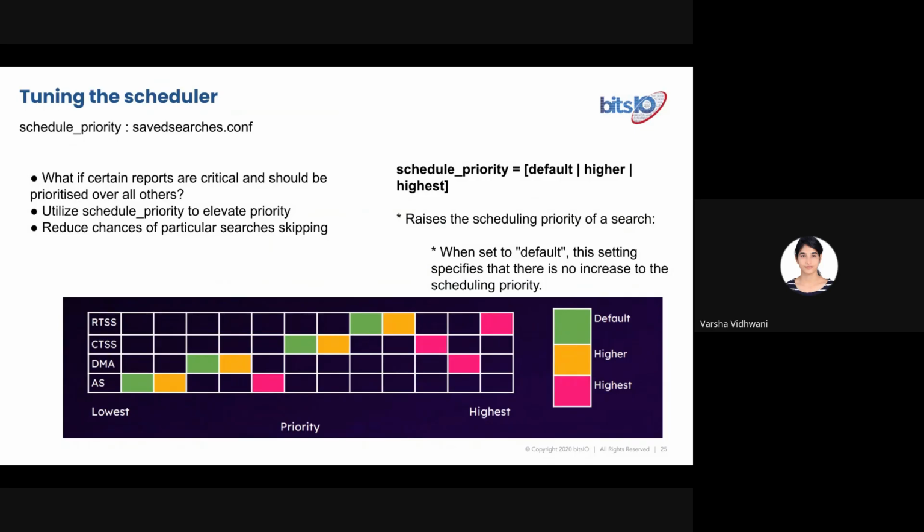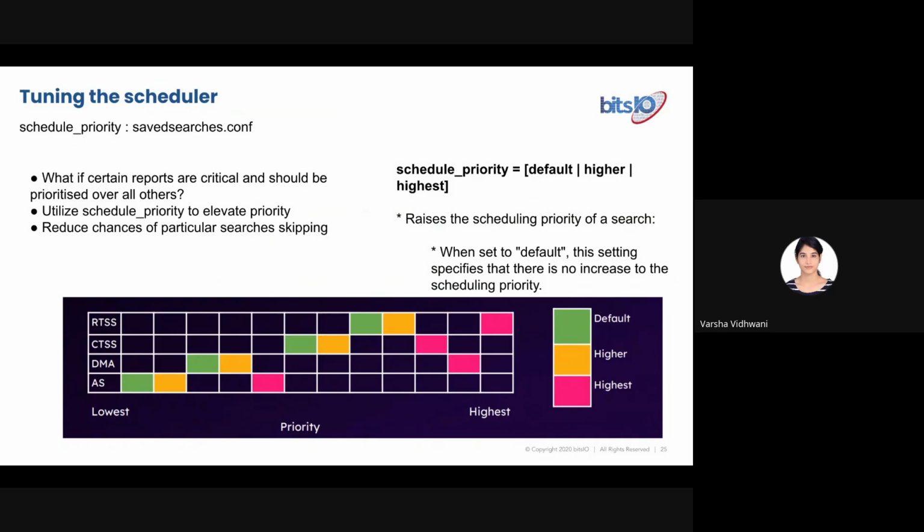Another option that we have is to configure the schedule priority in savedsearches.conf. Sometimes not all searches are created equally. You might have certain reports or correlation searches that are critical, tied to compliance, billing, or high priority security alerts.